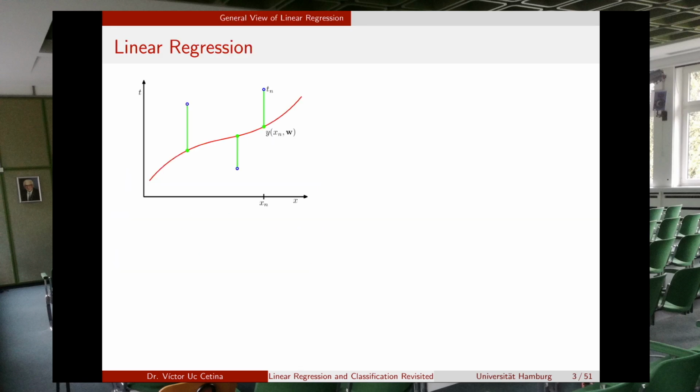Okay, so we have seen that in linear regression we have a set of points, these blue points, and we want to estimate the parameters of a function in such a way that this function will pass very close to the points that we are given.